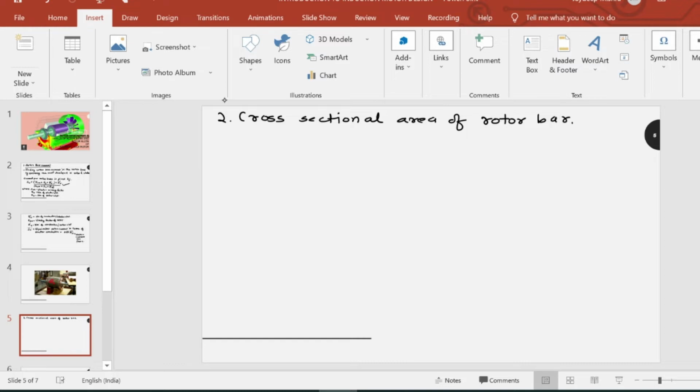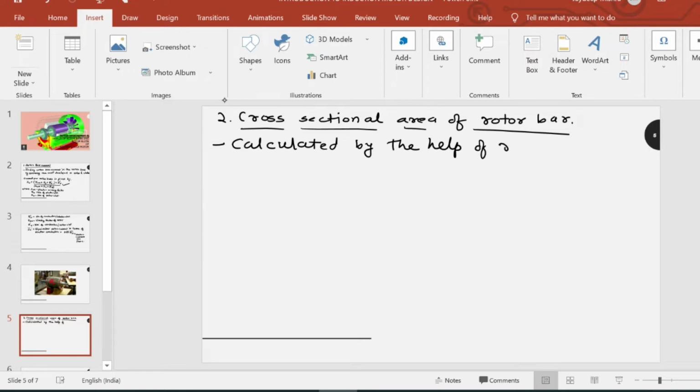Cross sectional area is calculated with the help of the rotor bar current and current density. Here the current density is assumed. Then we will find the cross sectional area of the rotor bar.